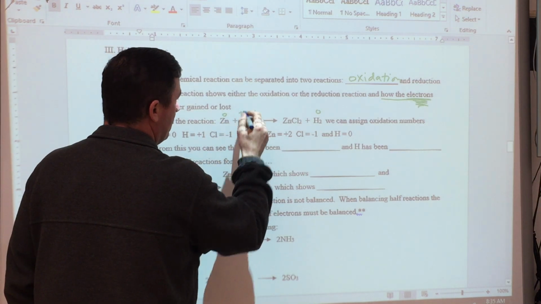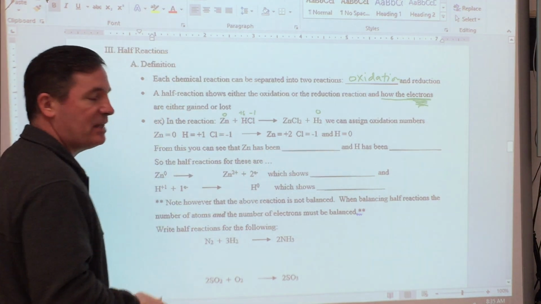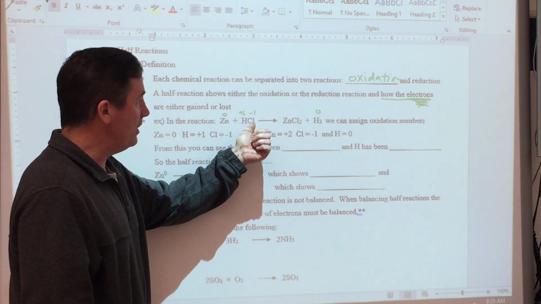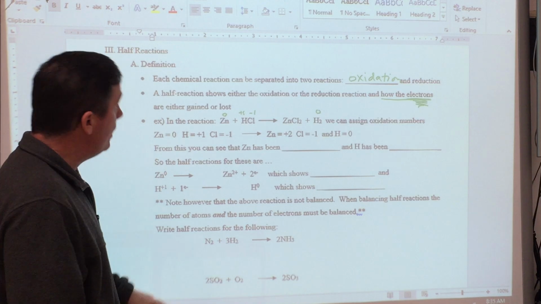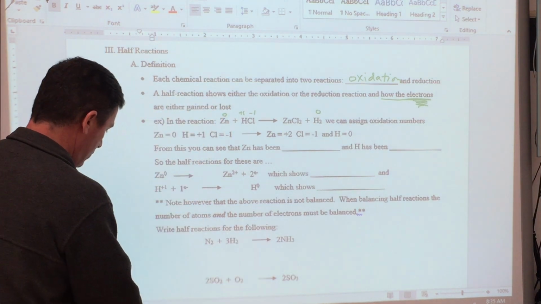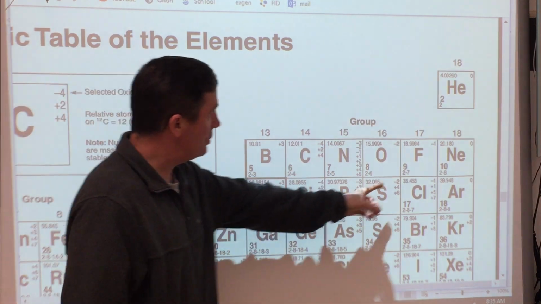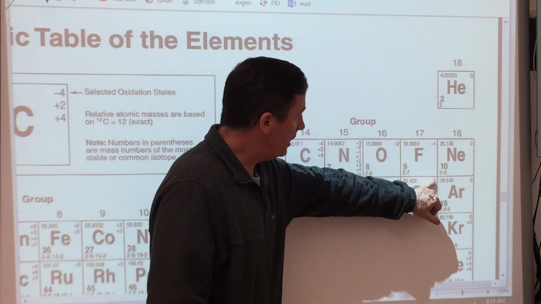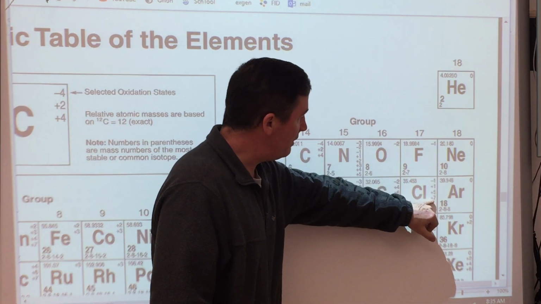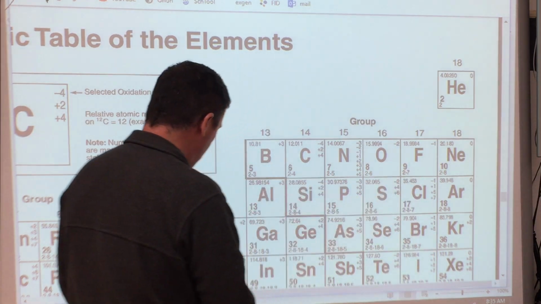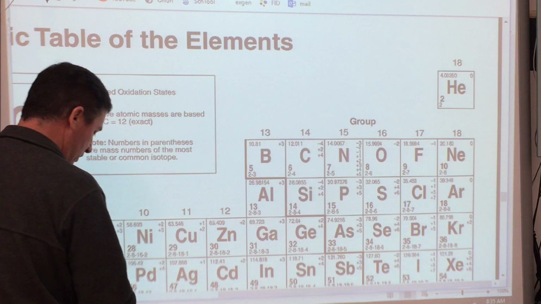Why? Because chlorine has a higher electronegativity, and it is right next to fluorine. It can be -1, +1, +5, +7. It has a much greater pull on electrons than does hydrogen, which is way over there.